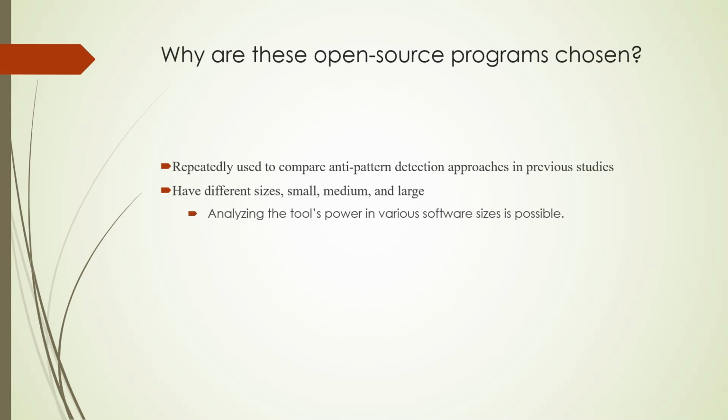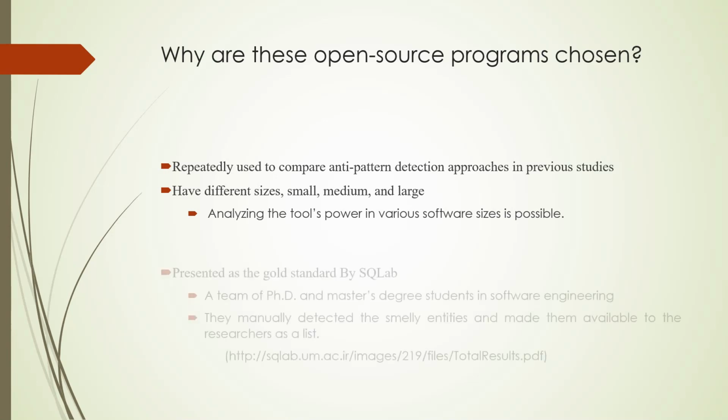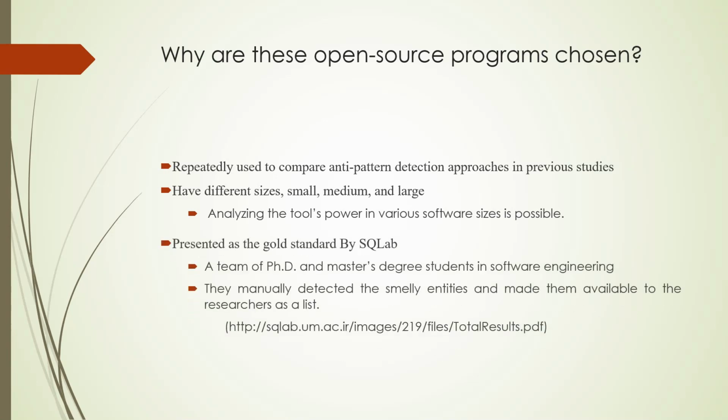They have different sizes from small to large, and to better understand the tools' power, we must run them on various software sizes. They were presented as the gold standard by SQL Lab.